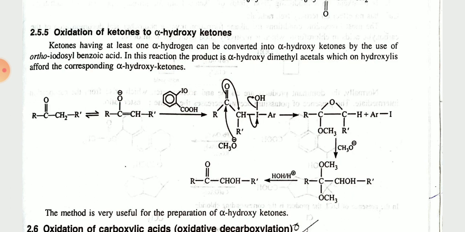So finally you will get the three-member ring between C, O, C. Okay, after rearranging, it will give RC OCH3 CHOH R dash. Okay, after the hydrolysis it will give RC double bond O CHOH R dash. Okay, this method is very useful for the preparation of alpha hydroxy ketones. Okay, thank you very much.